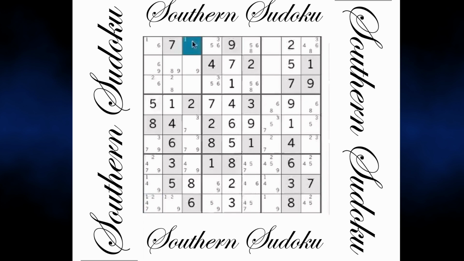All right, 1 has to be there. That can't be because of there. That can't be because of there. Those can't be. Well, we got 1 in.